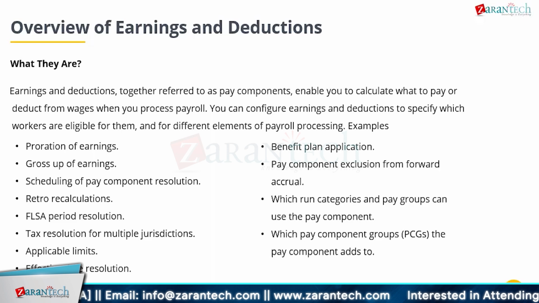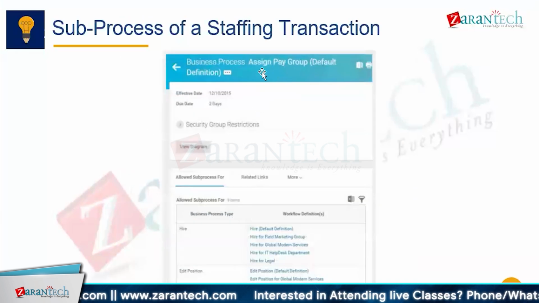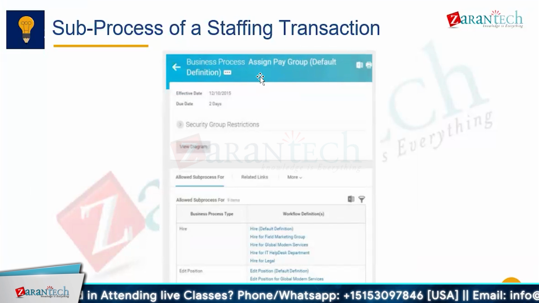Similarly, in payroll, when you define the pay group assignment rules and assign pay group, assign pay group is a business process. When you assign this business process as a sub process in any other business process, you understand?